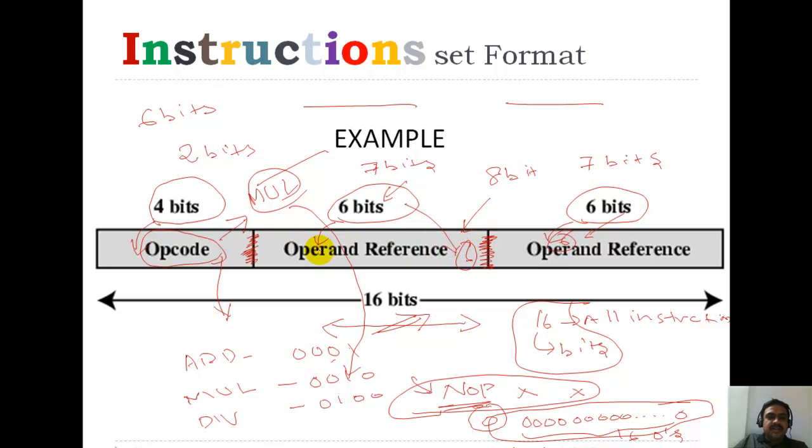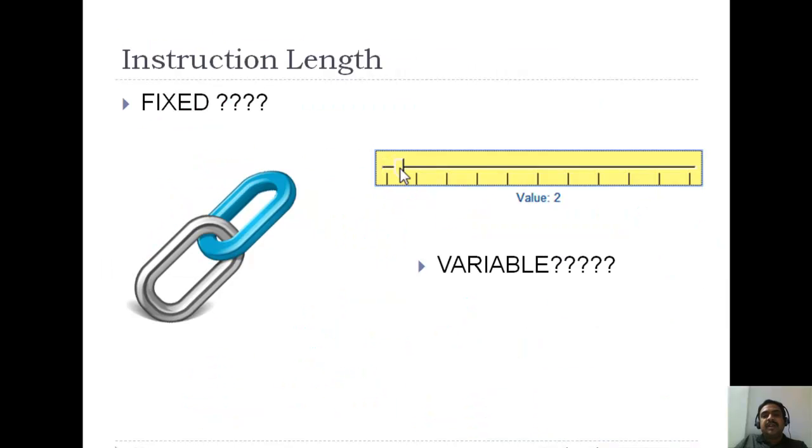That means, for example, for one particular data operation, if I need only 2 bits to represent opcode, this particular wall can be moved from here to here, so that more bits can be used for accommodating data. Similarly, if the instruction is complex and data requires only 3 bits for that particular operation, I can move this wall from here to here. Similarly, I can have different data lengths between operand 1 and operand 2. So this is the advantage of variable length.